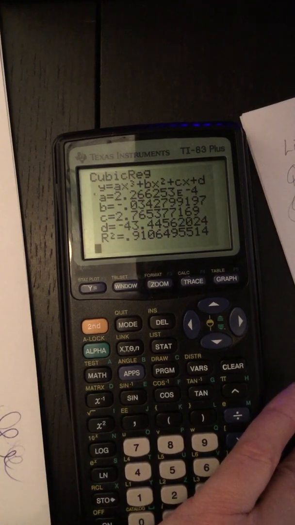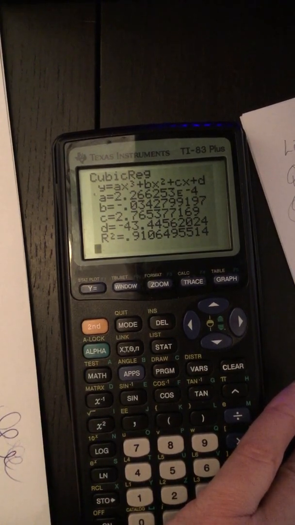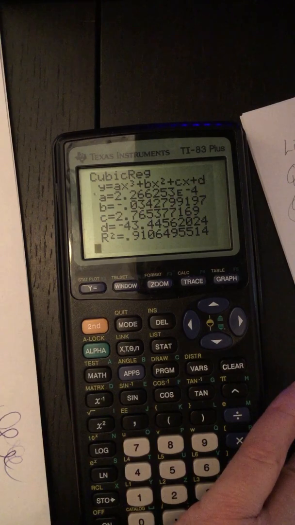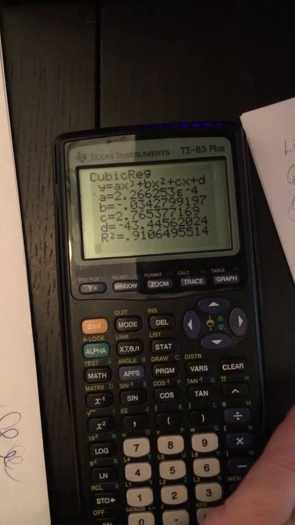B is negative 0.034, and I should round up that 2 to a 3. Okay. C is 2.765, and that 3 rounds up to a 4. And D is equal to negative 43.4456.